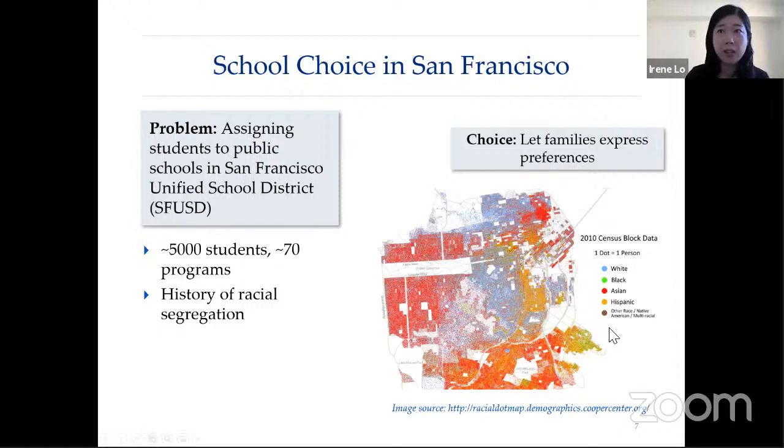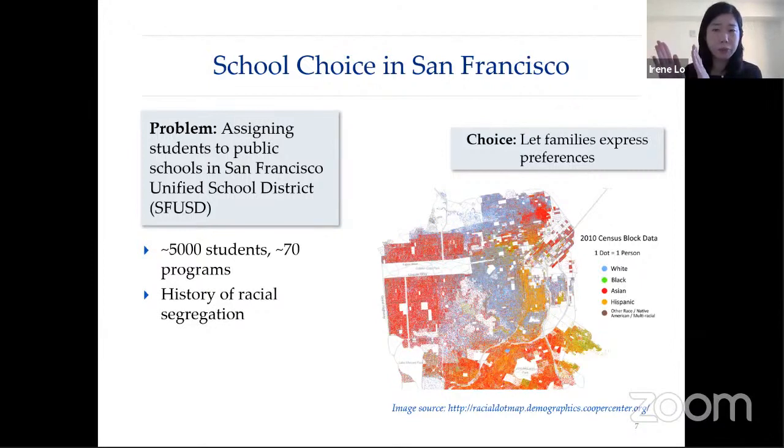If you look at the city of San Francisco, you can see that those of African descent comprise only 5% of the school-going student population, but they all live down here, in the southeast corner of the city.